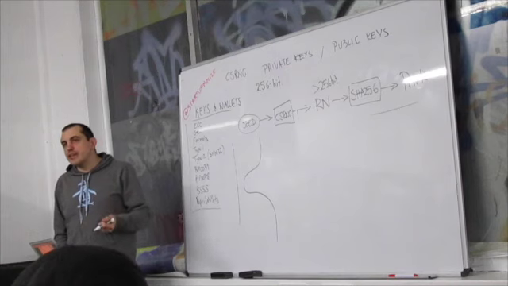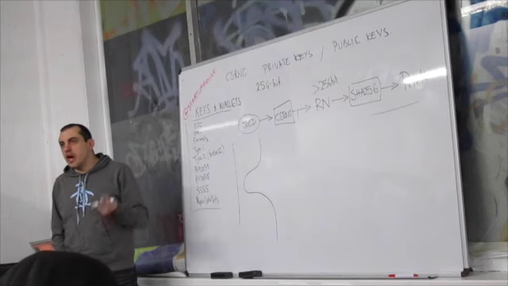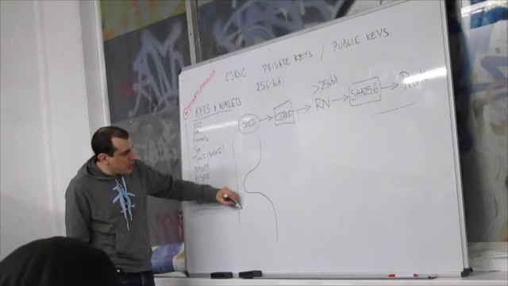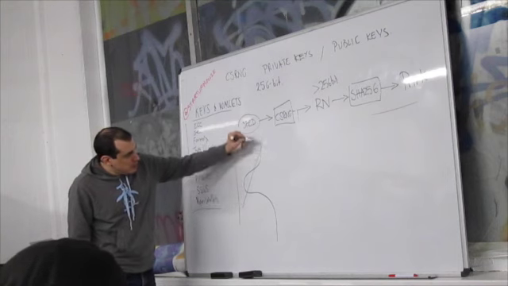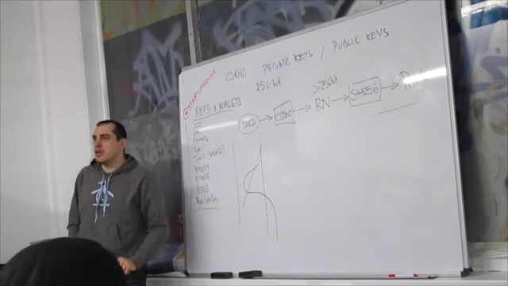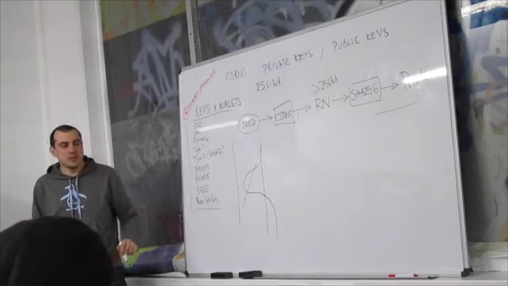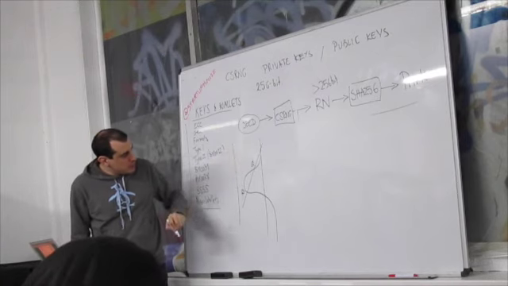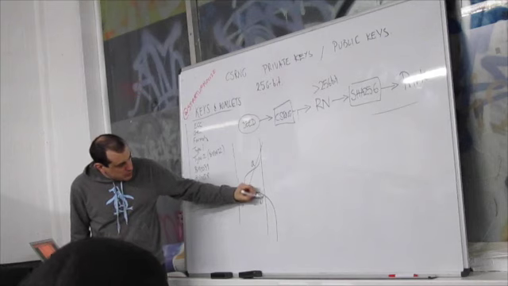The process of adding 2 numbers on an elliptic curve can be geometrically represented by drawing a line from one point through the curve until it intersects, creating another point on the curve. So P, Q, Q prime.